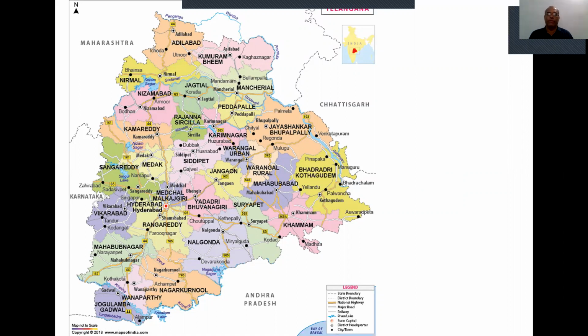So now when we are trying to understand the history of Telangana, when we try to take this region into consideration, first thing that we'll have to see is what were the sources. So we will go into the details of the sources at a later stage, but suffice here is to say that the main sources are the ruins of the several dynasties which have ruled this particular region from ancient times.